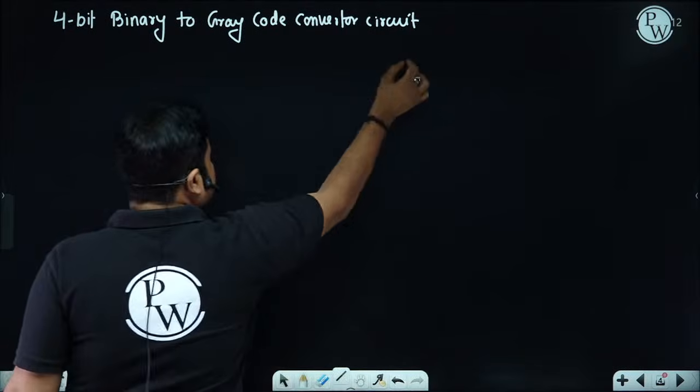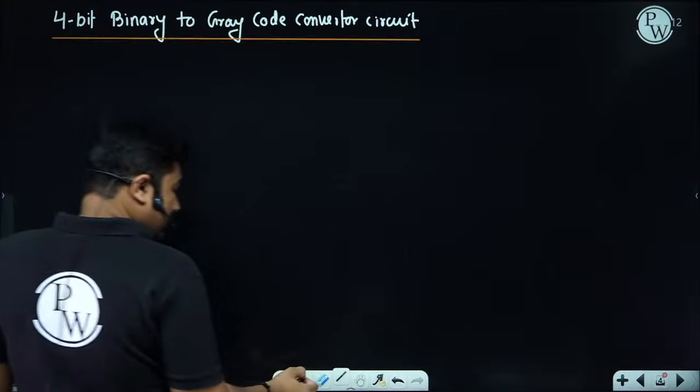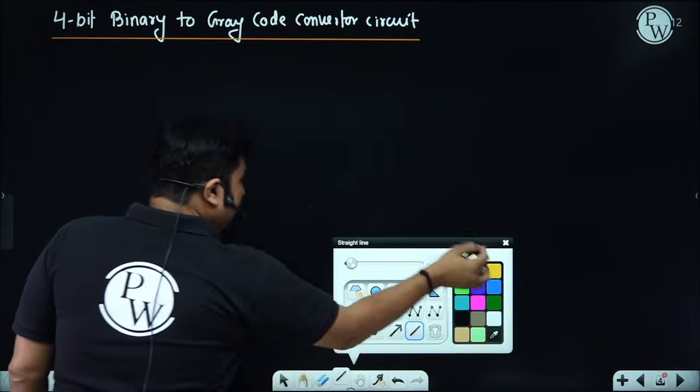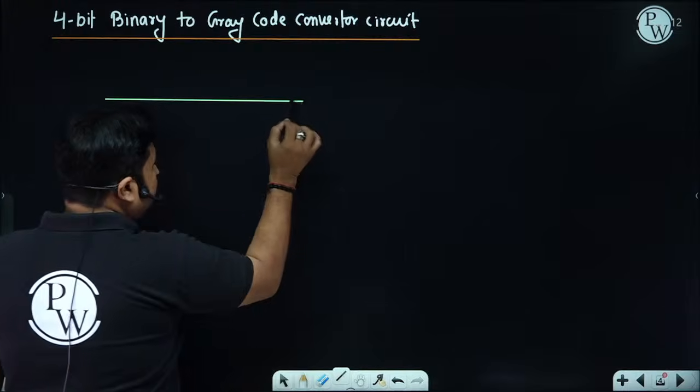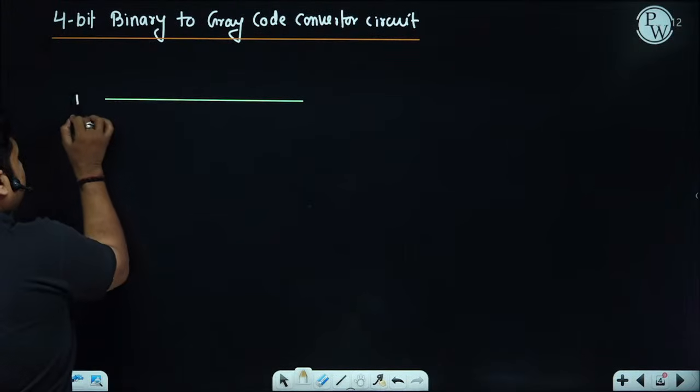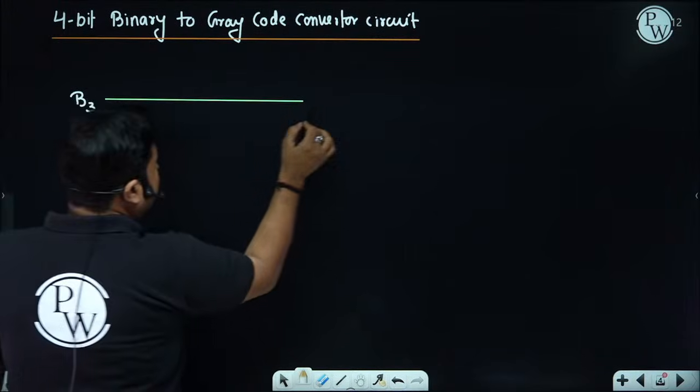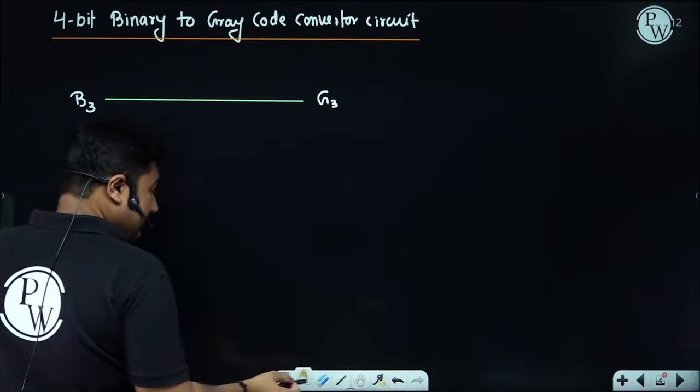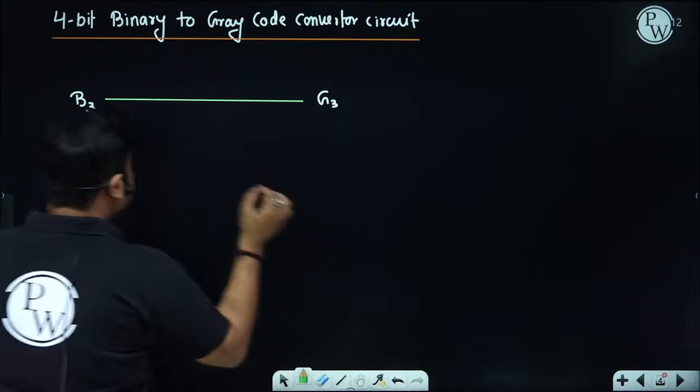Please observe, Betaji. Always remember the MSBs of binary code and Gray code will remain the same. Okay? Yes, sir.